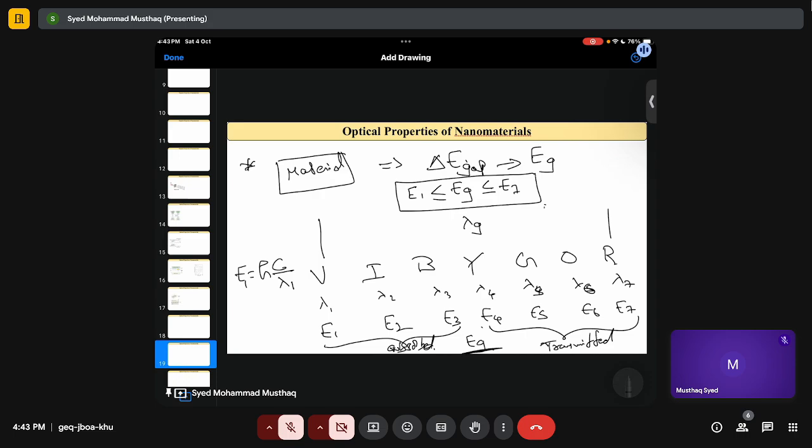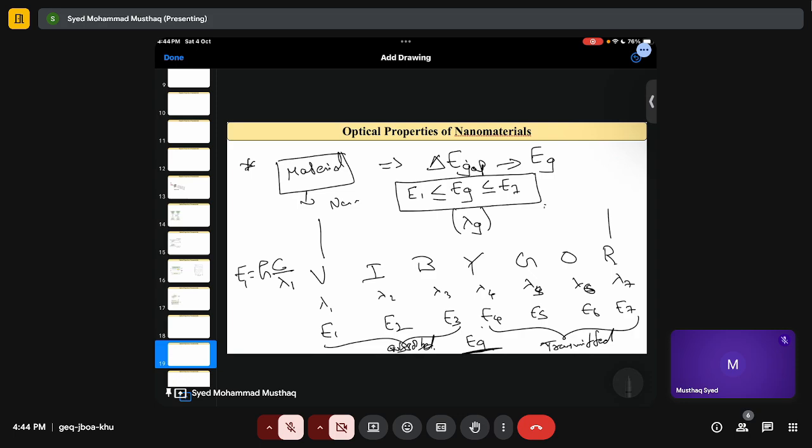For example, if my material is some sodium carbonate, anything, it has a band gap energy of Eg, and that Eg lies between E3 and E4. Now all the energies above this are getting absorbed, and all the energies below are getting transmitted.